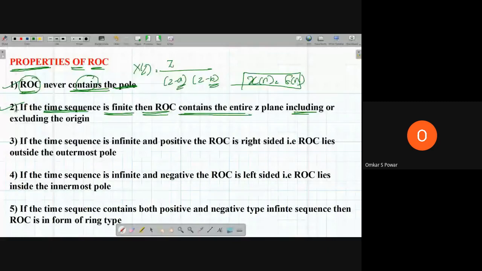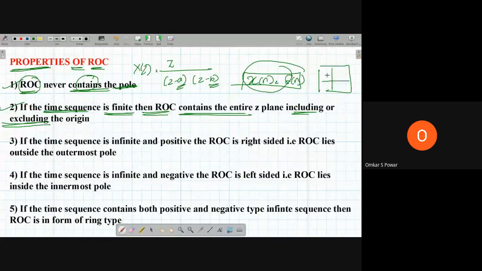If your time domain signal x of n is some finite quantity, then when you take the Z transform, it exists for the entire z plane. So your ROC is the entire z plane. It may include the origin or it may exclude the origin.